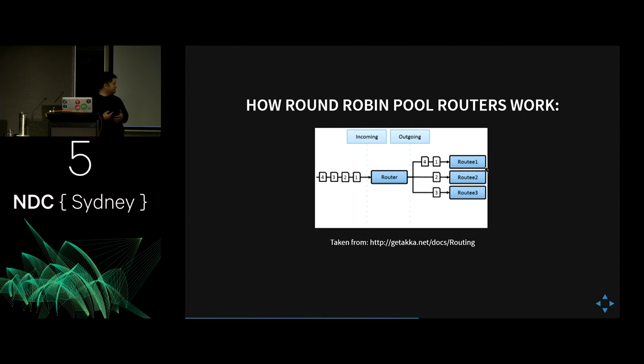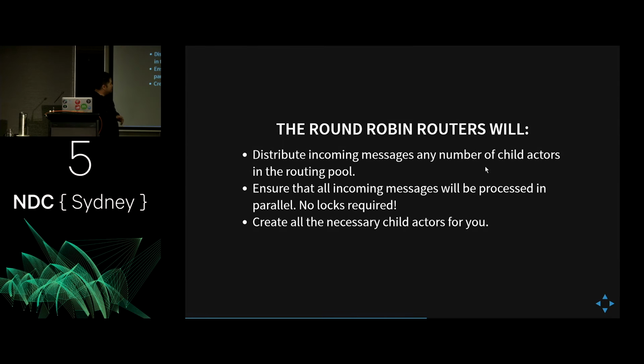And if it doesn't, then the router will kill off the child actor, depending on the strategy, of course. Now, as I mentioned before, you don't have to worry about locks, and you don't even have to worry about actor allocations, because the round-robin routers have a parameter that says what's the minimum number of actors you want, and what's the maximum number of actors that you want to spin up.